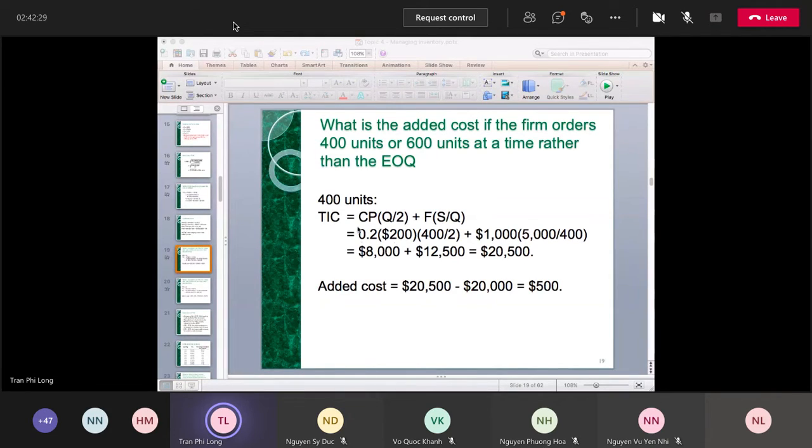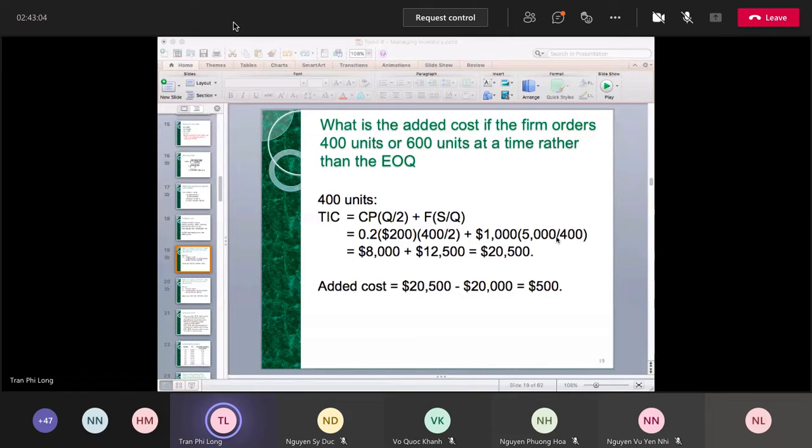So you can see here, if you order at 400 units, the total inventory cost will equal C 0.2, P 200, now Q will equal 400, and you have to divide it by 2 to calculate the average level of inventory, plus 1,000 the fixed ordering cost, multiplied by 5,000, now you divide it by 400.